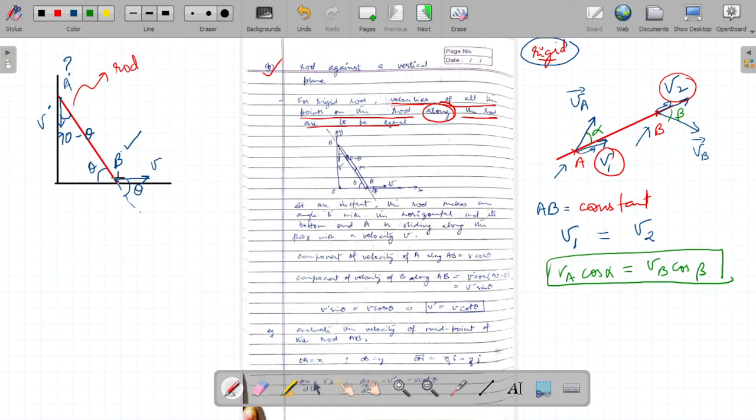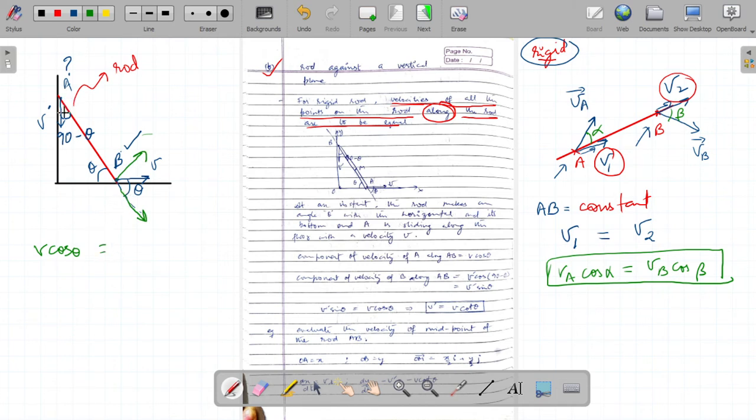So the velocity of point B along the rod. What is the direction which we say along the rod? This is the direction which we are saying is along the rod. So the component of point B's velocity along the rod would be V cos theta, right? This component would be perpendicular to it and this component would be along the rod.